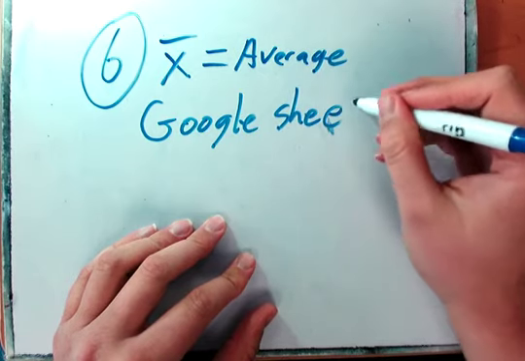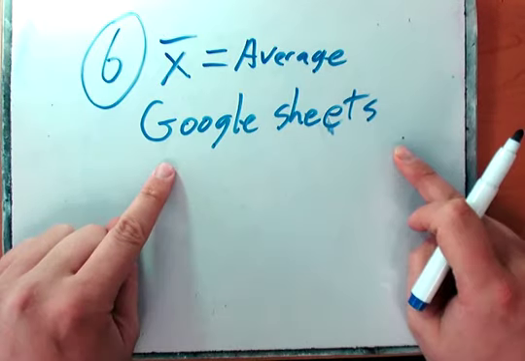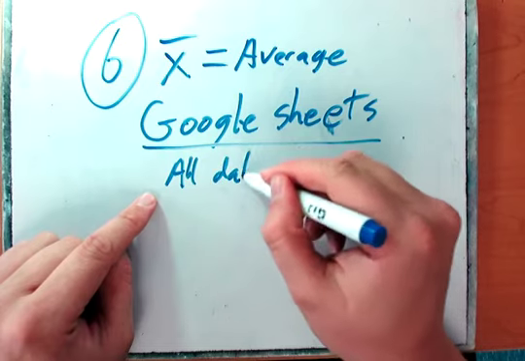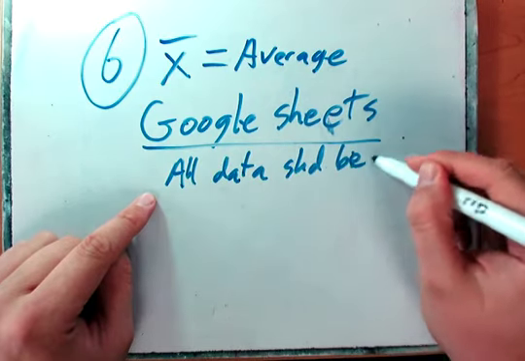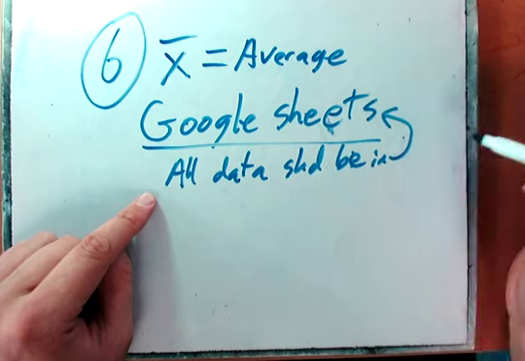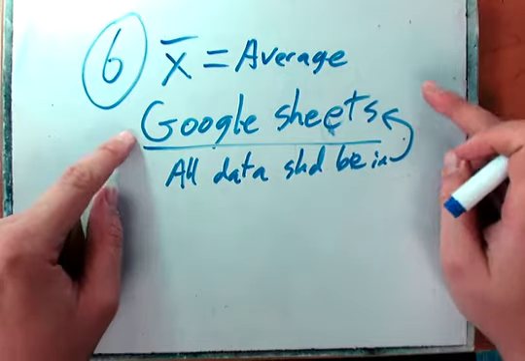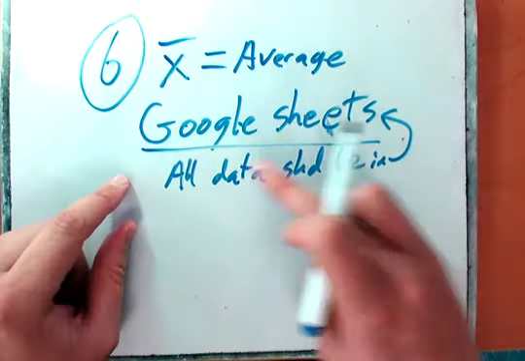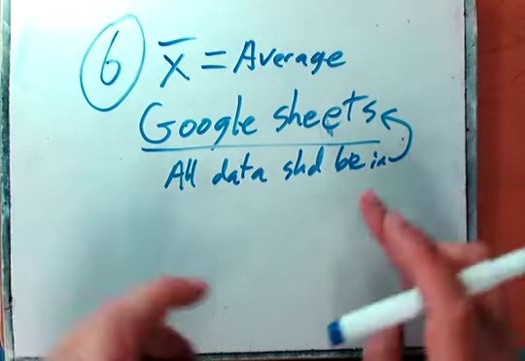Every time you do a question, you want to put it in Google Sheets, and all data should be in a Google Sheet. If it's not, you're going to have a hell of a time with questions 6 through 10. So please make sure that Google Sheets are being used every time when you're putting that data in.